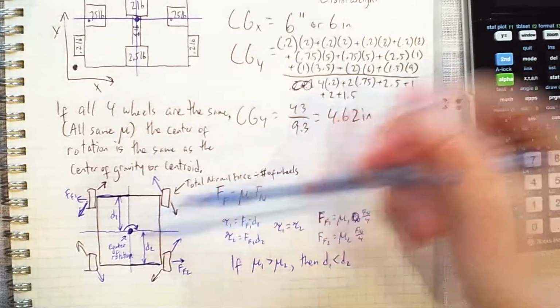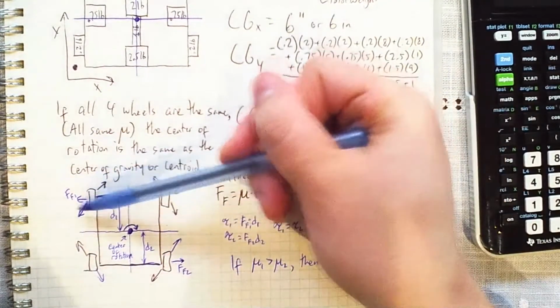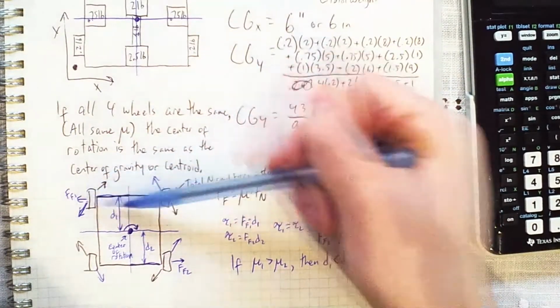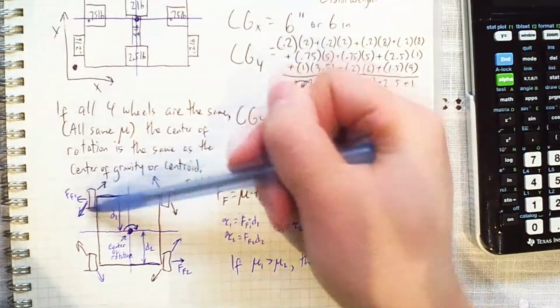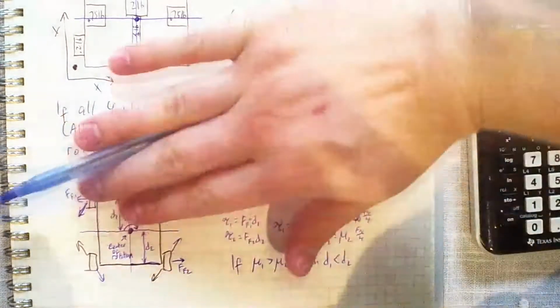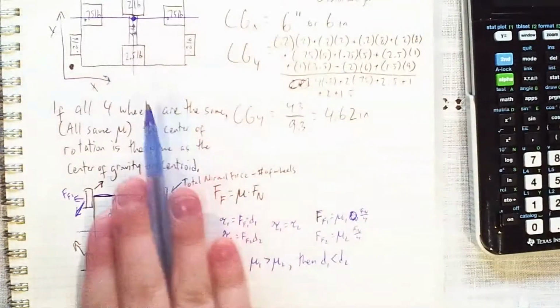The center of rotation is going to shift towards the front wheels, and you'll tend to turn about the front wheels as opposed to the back wheels.